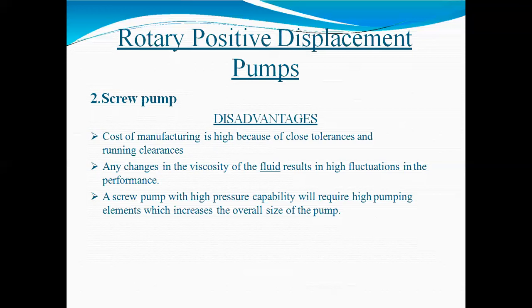So continuous contact is most important, and to maintain that, we require high cost. If we change the viscosity of the fluid, it will fluctuate the performance of your pump. So it will work with a fixed type of viscosity fluid.